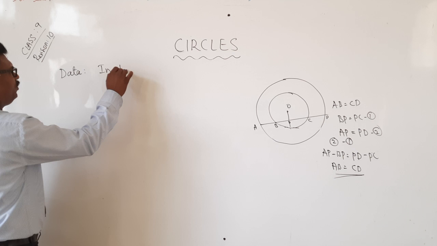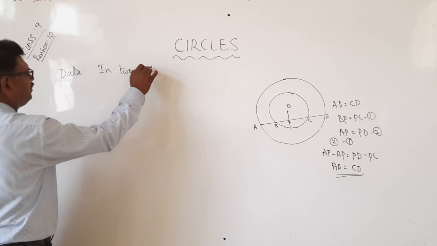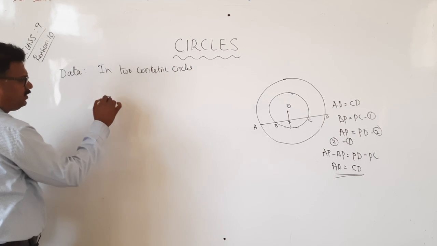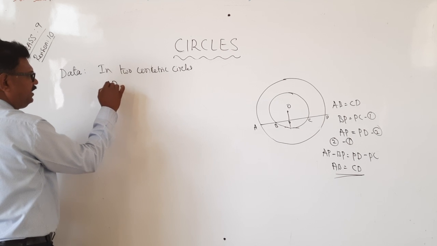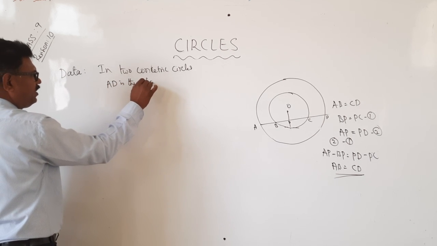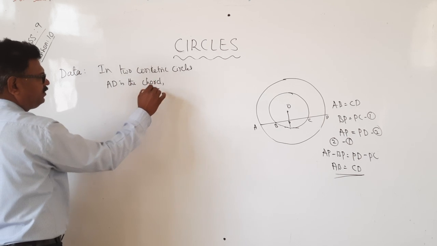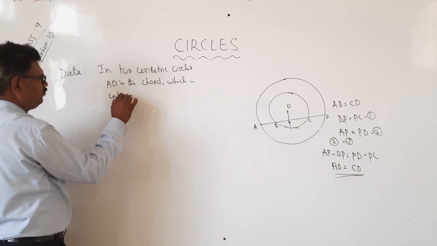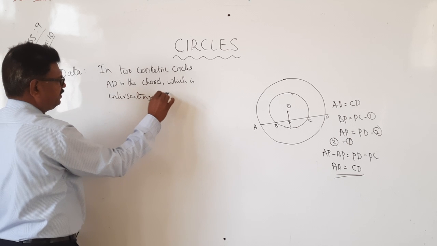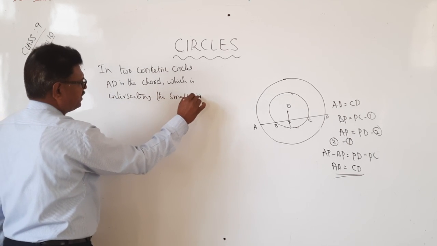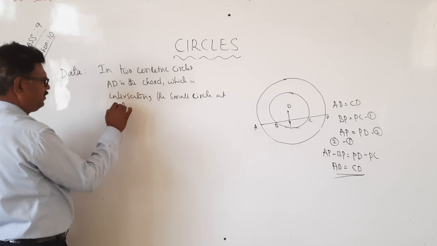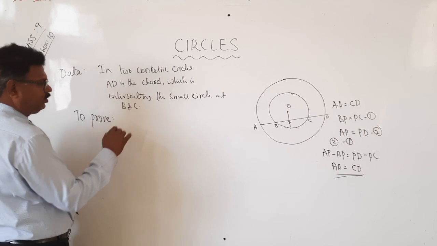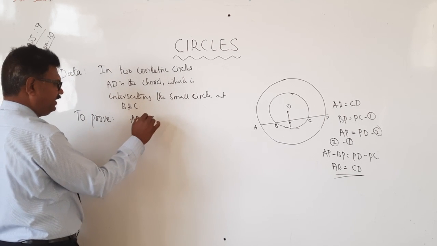In two concentric circles, AD is the chord which is intersecting the small circle at B and C. To prove, what we have to prove? AB equal to CD. Understood?